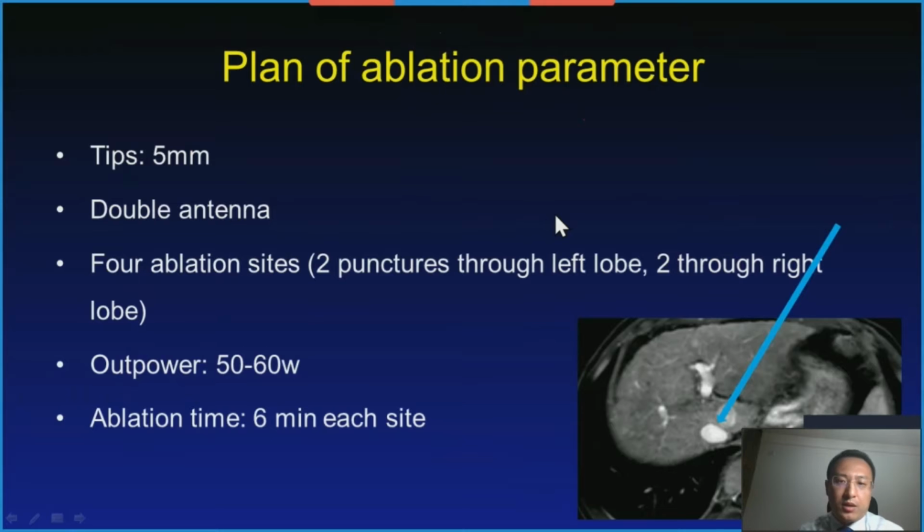Plan of ablation parameter. Because the caudate lobe and the tumor are small, we choose the 5 millimeter tip antenna, double antenna, and we planned 4 ablation sites. Power is 50 to 60 watt.